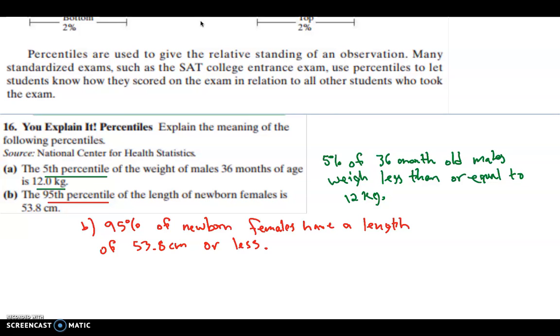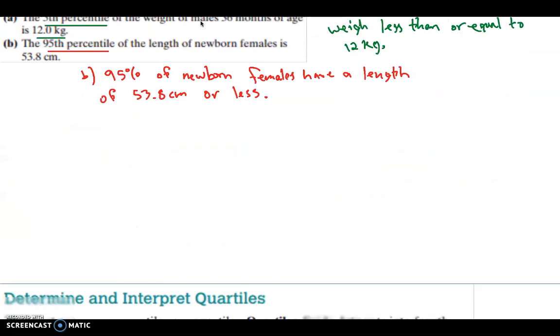You can also say that 5% of newborn females have a length of 53.8 centimeters or greater, so greater than or equal to 53.8 centimeters. Again, that's just the idea of the percentile. If you're at the 57th percentile, then 57% are either equal to or less than that number.